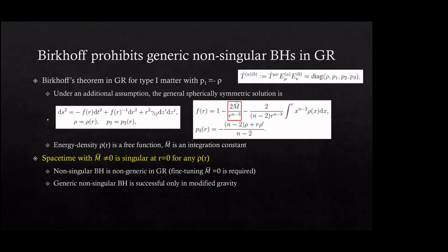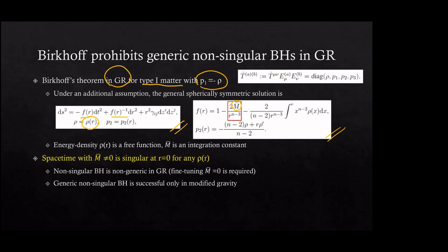And actually, when we consider general relativity with a type 1 matter field with a particular equation of state, and then under an additional assumption, the general spherically symmetric static solution is given by this. Here rho is a free function, and m bar is an integration constant.